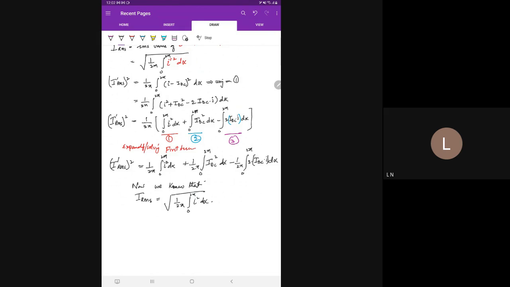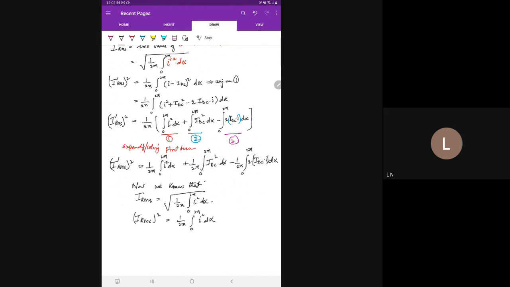Therefore, we can rearrange this equation, and then IRMS whole square will be equal to 1 by 2 pi integral 0 to 2 pi I square d alpha.